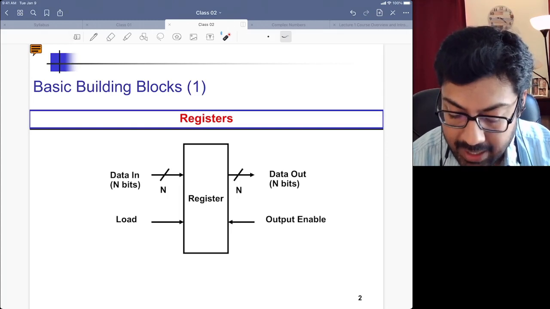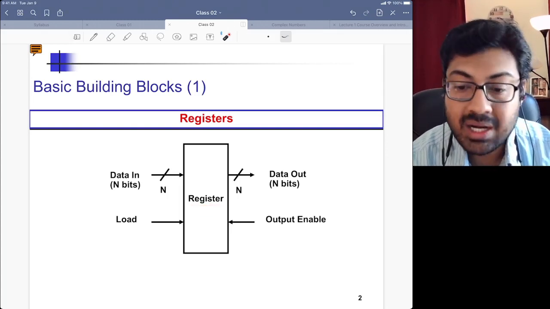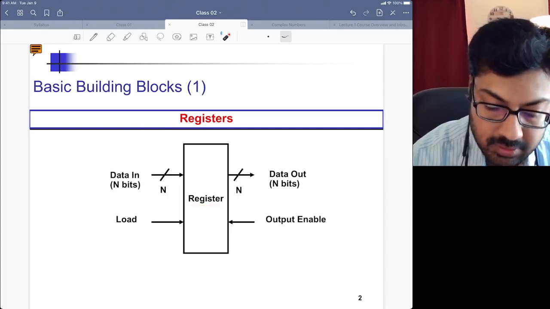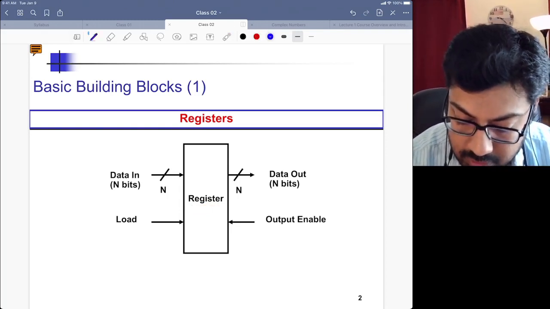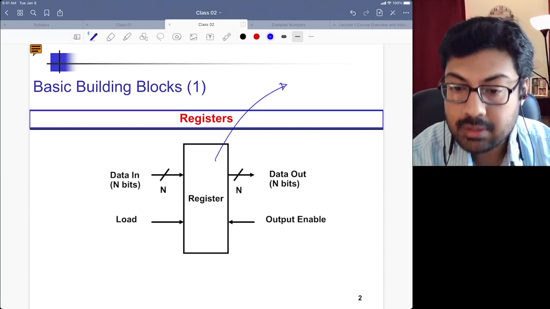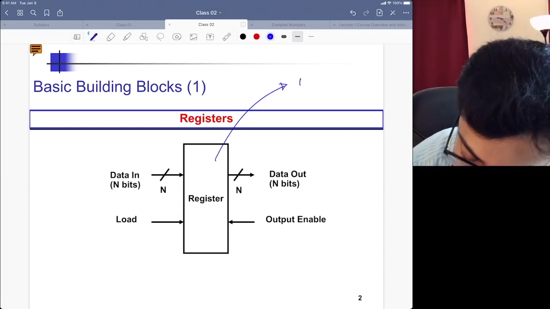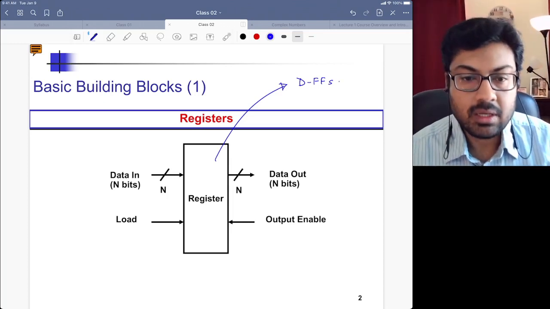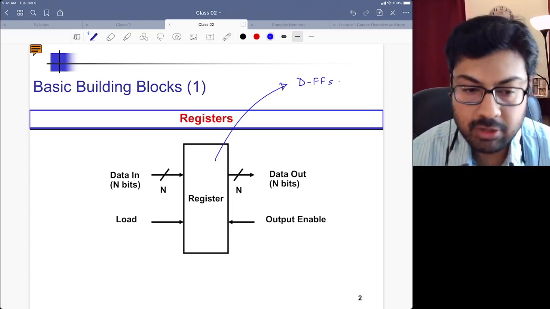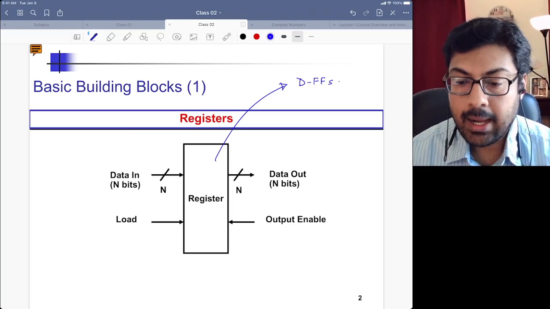By the way, if you had to design a register, what are you using to design a register? You have all the choice. What are you using to design registers? D flip-flops. Excellent. So, a bunch of D flip-flops are being used to design registers.